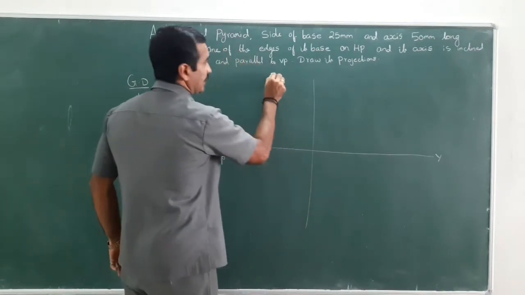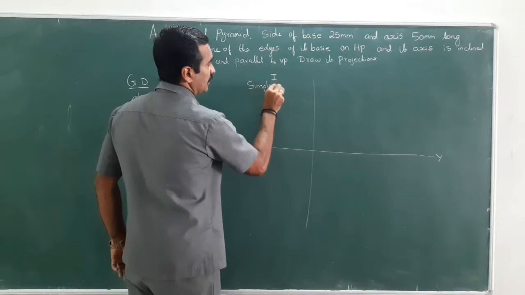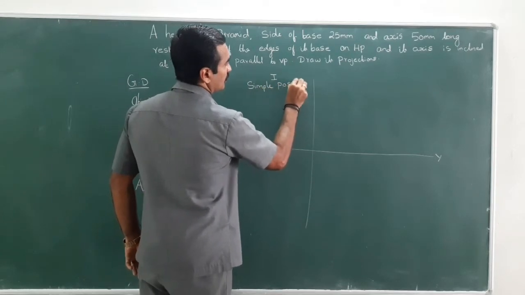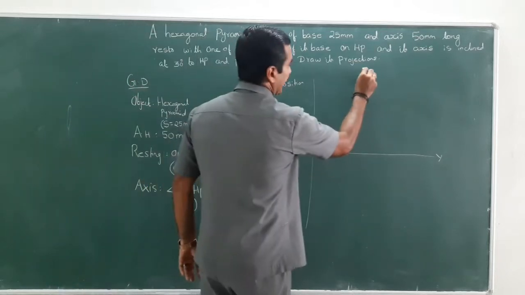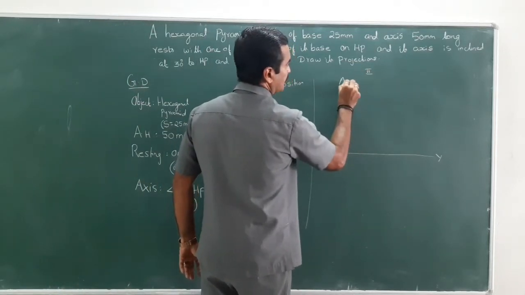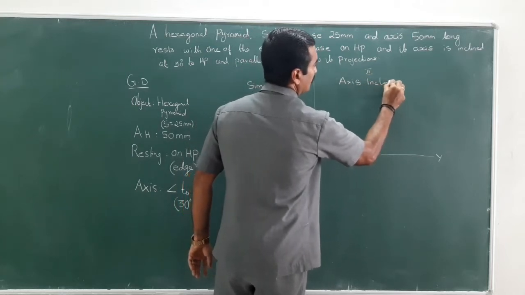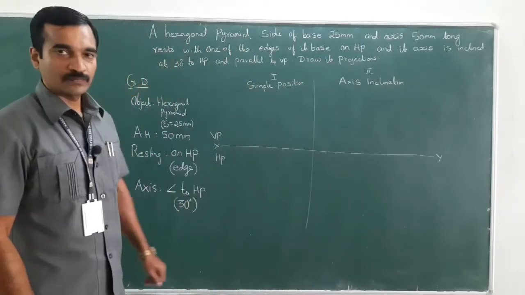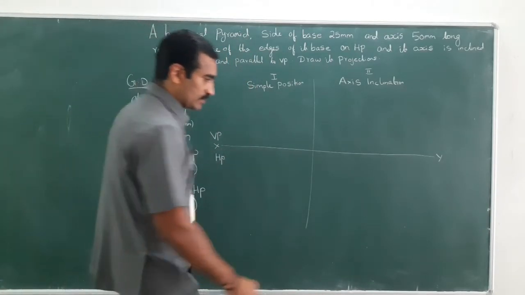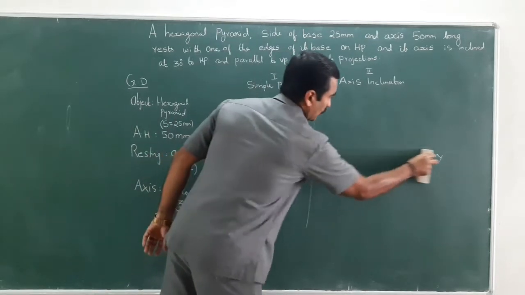The first stage is for simple position or simple resting. And the second stage is for axis inclination or the final position. Got it? Right.